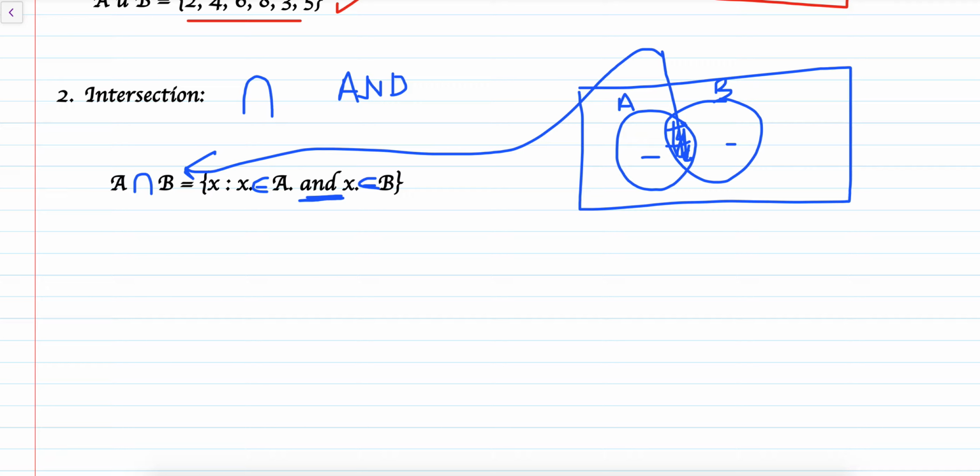Now we will move on to our third property, or we can say some properties of intersection.